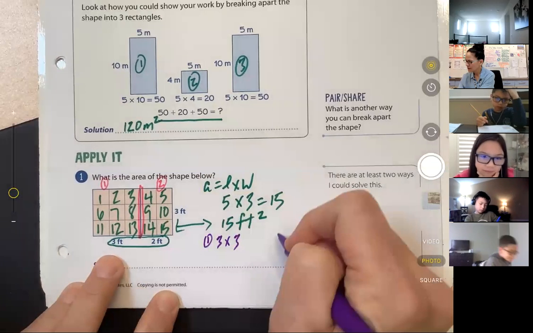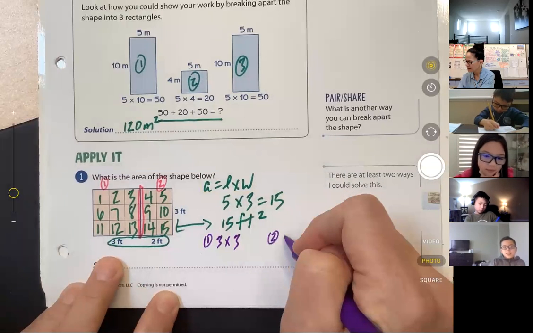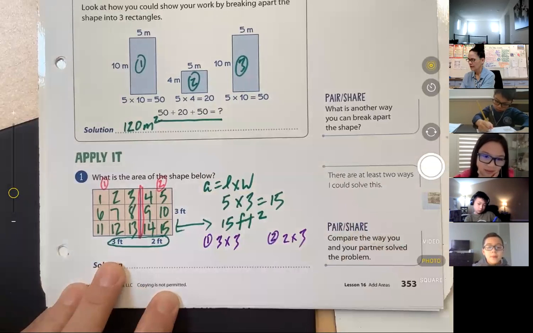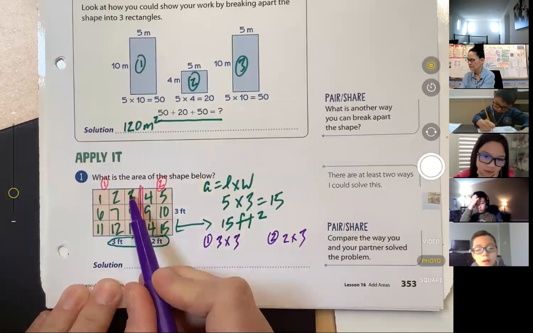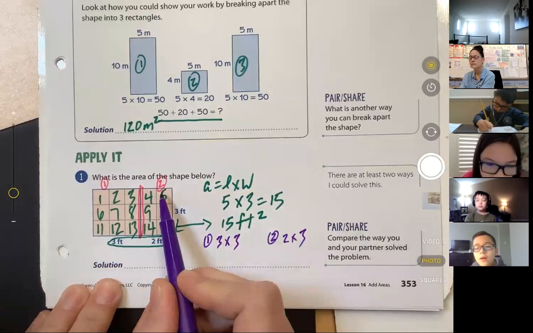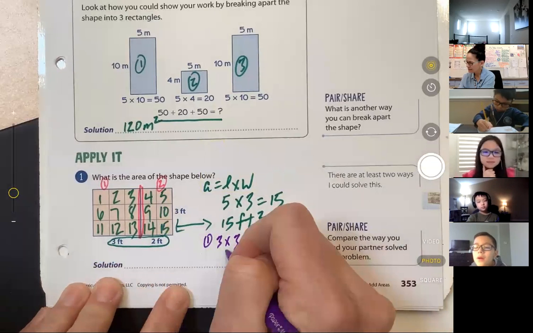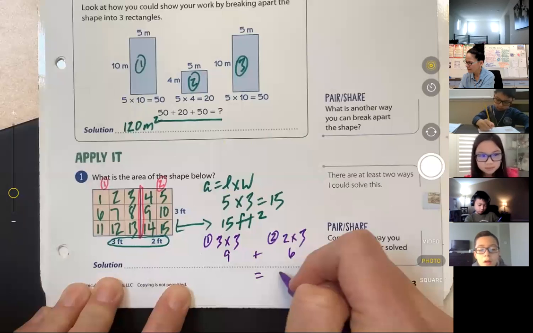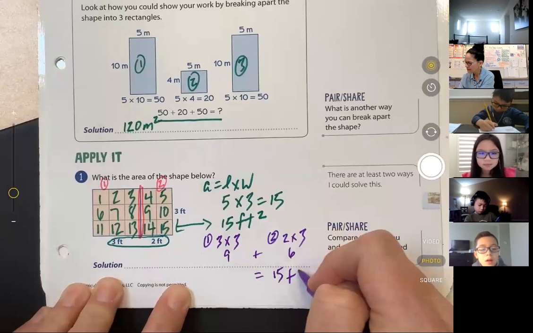I could do number 2 as 2 times 3. Here's 3 times 3. Here's 2 times 3. And this would be 9 plus 6, and that's going to be 15 feet squared.